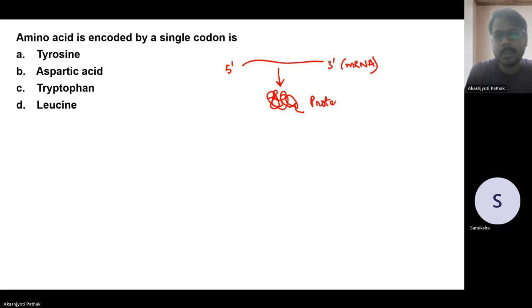Now, I hope you all know the concept of codon. The genetic code present in the mRNA is read in triplets, right? Three nucleotide bases will code for a particular amino acid.